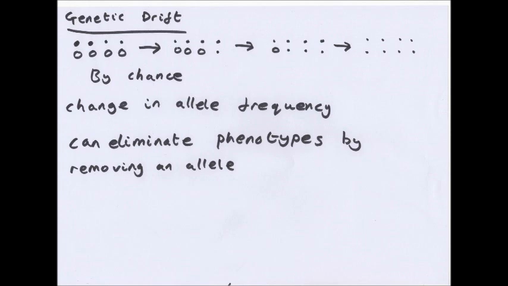Genetic drift, something I also think isn't greatly explained in the book. Basically, genetic drift is the change in allele frequency, and it's by chance. So here, I've shown a really weird diagram. You have 4 black alleles, 4 white alleles. It's just one's coloured in, one isn't.